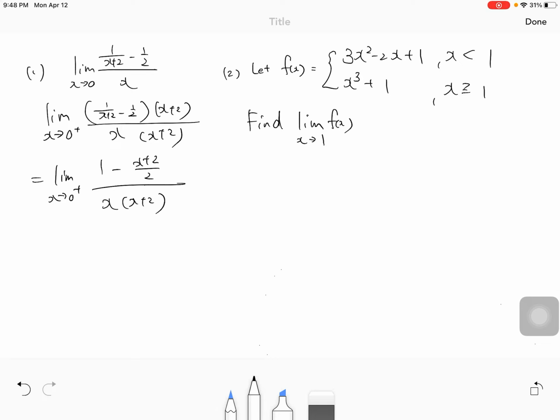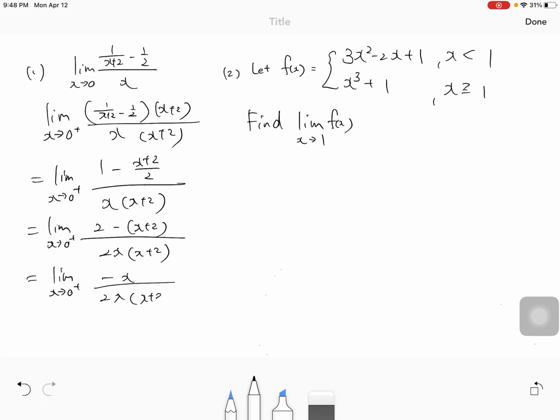But there is still a fraction in the numerator, so let me multiply 2 top and bottom. 2 negative x plus 2 over 2 times x, 2x times x plus 2. Actually, now the numerator became negative x over 2x times x plus 2.